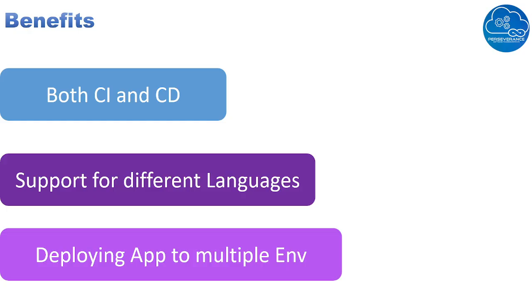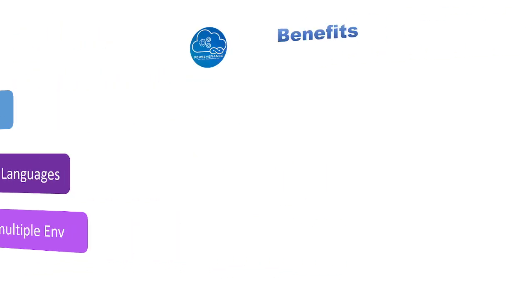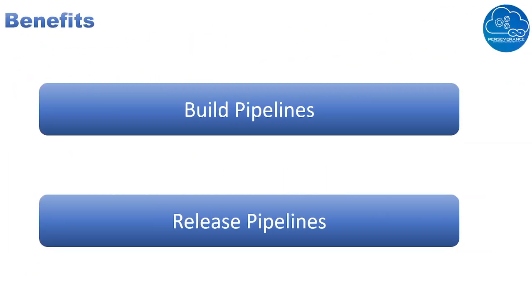I have just highlighted a few features which are crucial and dominant; we have many others as such. On CI/CD, Azure Pipelines helps us to create the CI solutions using build pipelines and CD solutions using release pipelines. So this is the category.